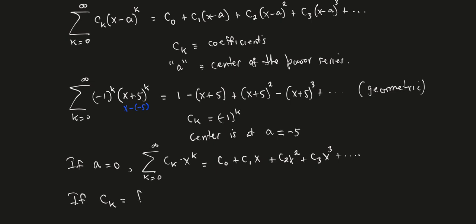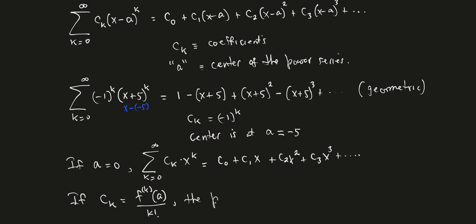It's where you would take the kth derivative, and I'm going to write it in the general case, and then you evaluate it at a, and then you divide by k factorial, right? So if we use that specific formula that we came up with for those coefficients, then we can refer to our power series as a Taylor series, right?